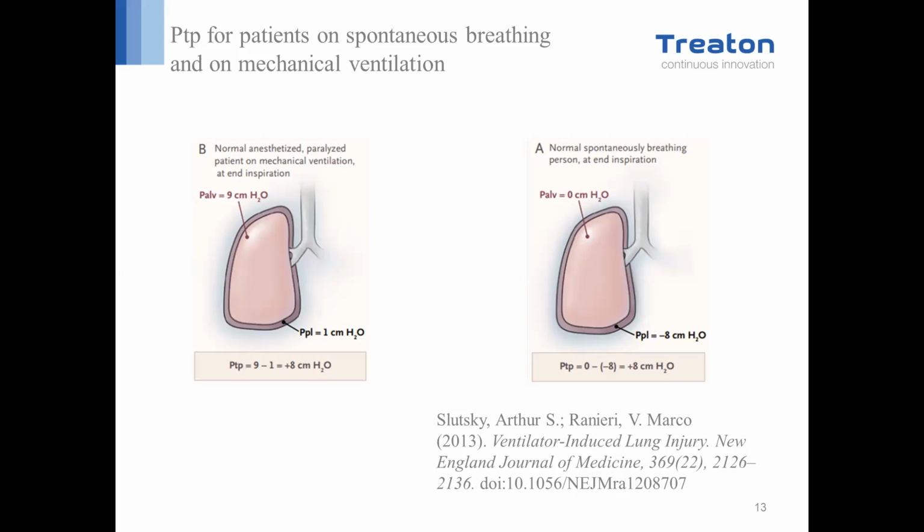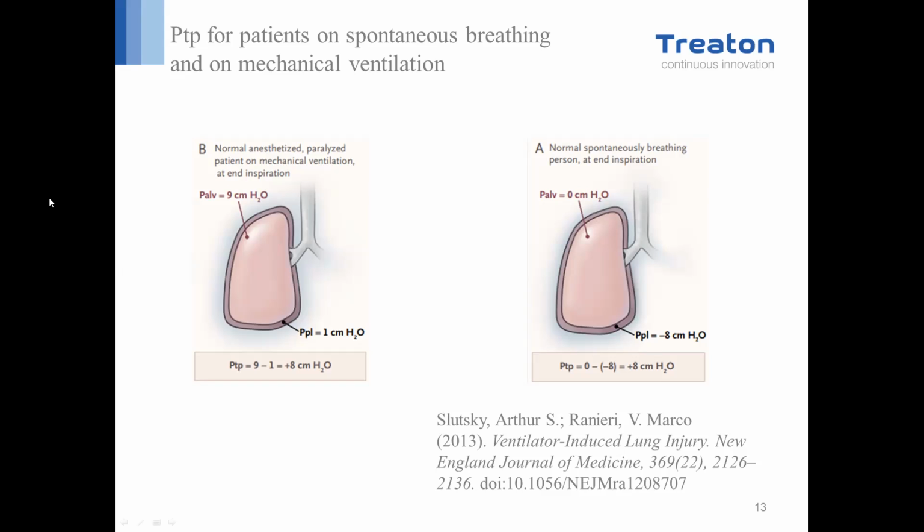Picture A shows the inspiration for a patient with normal lung function who is breathing spontaneously. The alveolar pressure is 0, and the pleural pressure is negative, minus 8 centimeters of water, creating a PTP of plus 8 centimeters of water.